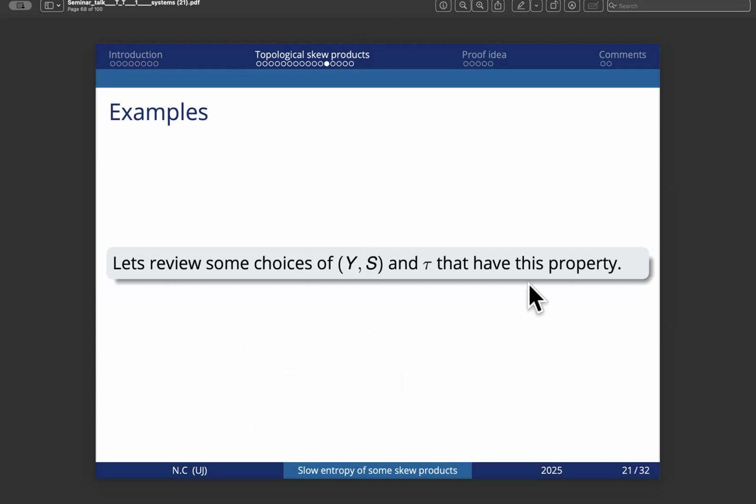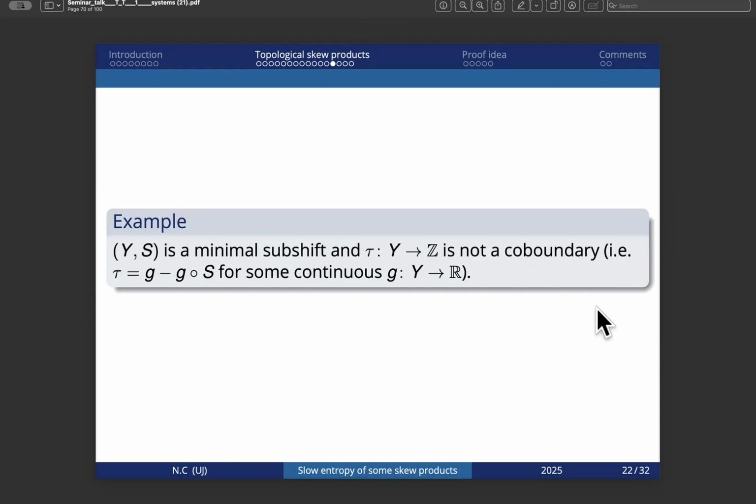So, well, now I want to review some examples of choices of a subshift and a cocycle where this property is true, and then we have the results about entropy. So one class of examples is we take a minimal subshift and a cocycle tau which is not a coboundary.